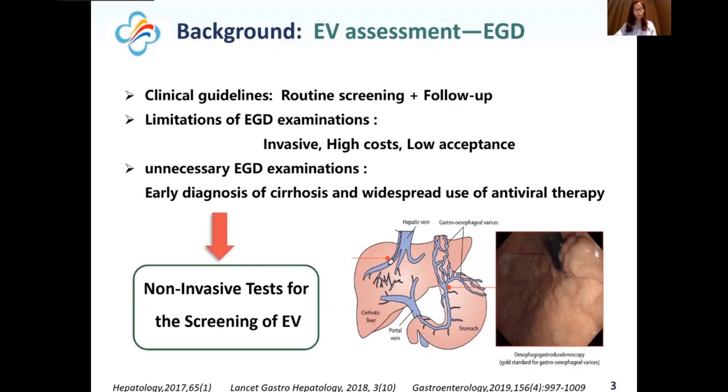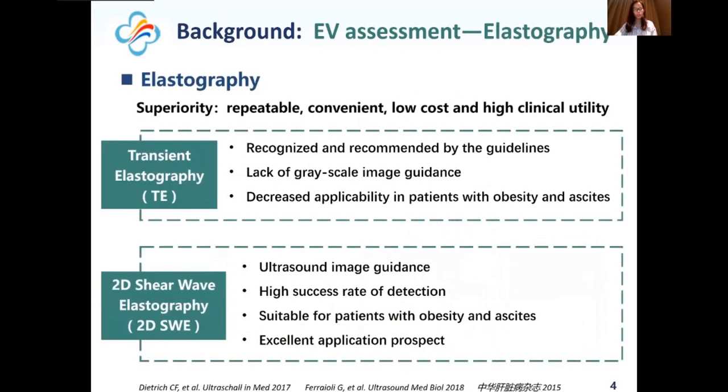On the other hand, the early diagnosis of cirrhosis and widespread use of antiviral therapy reduce the risk of EV. Therefore, some EGD screenings are unnecessary. And in recent years, we have been searching for non-invasive tests for the screening of EV. Ultrasound elastography is a non-invasive diagnostic technology.